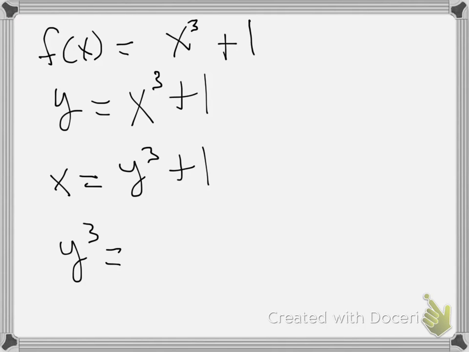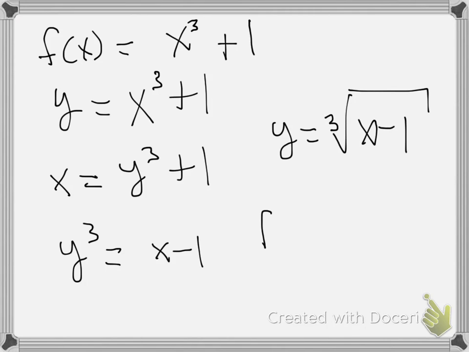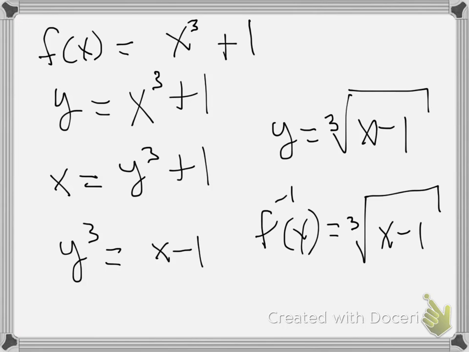So y cubed equals x minus 1, and then y is equal to the cubed root of x minus 1. So the inverse of f of x is equal to the cubed root of x minus 1.